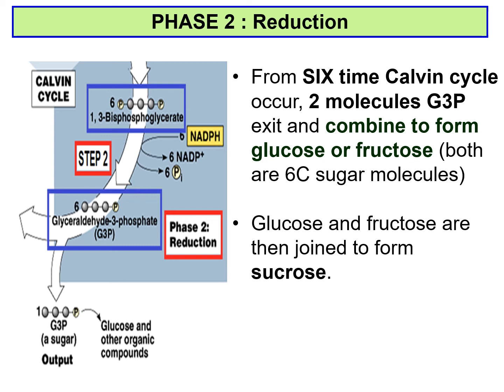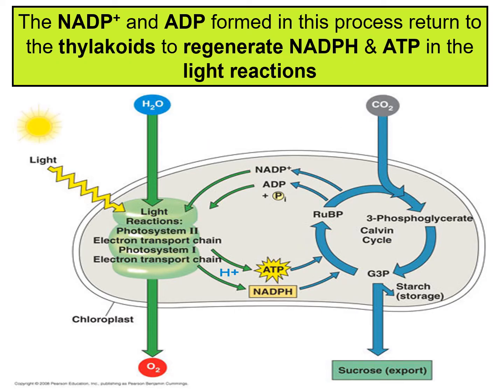Out of 12, 2 G3P will come out of the Calvin cycle to be converted into glucose or fructose. The rest, the 10 molecules, will continue the Calvin cycle to the next phase. The NADP plus and ADP formed during the Calvin cycle will return to the thylakoids to regenerate NADPH and ATP so that another Calvin cycle can continue.